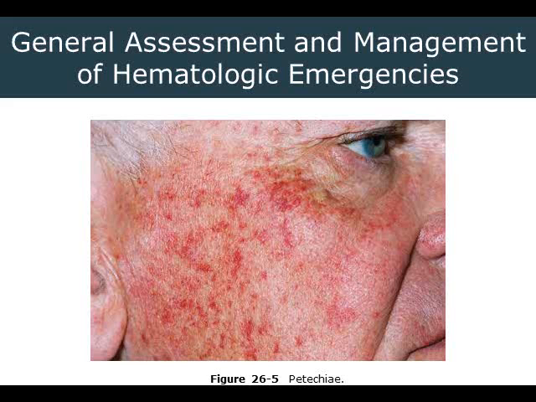Petechiae may be an infectious disease, but it may be something as simple as a crush injury, where there was excessive pressure as they held their breath and got hit in the chest, and it causes some minor blood vessels to burst, kind of like when you pop a little capillary in your eye. It's basically the same thing.